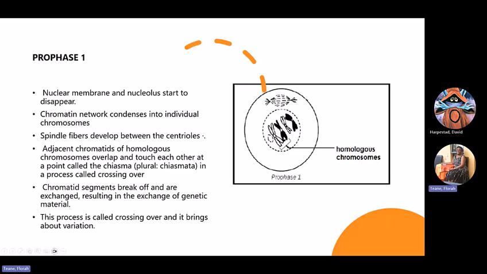So finally, at the end of this, you will see this during the metaphase. The genetic makeup of chromosome 1 and chromosome 2 is going to be different. You will see this as we proceed with other phases. That is the importance of crossing over.